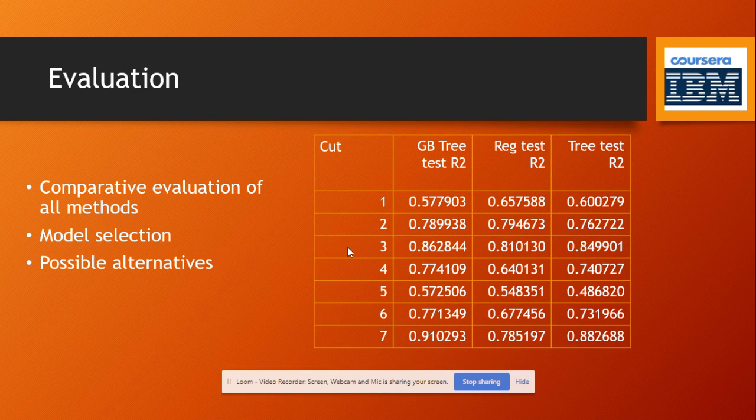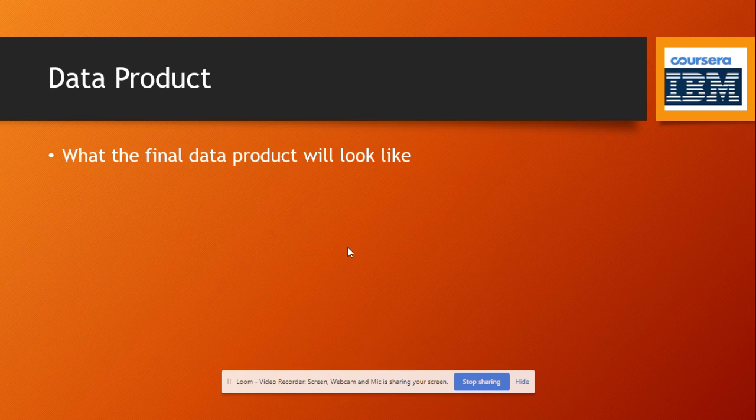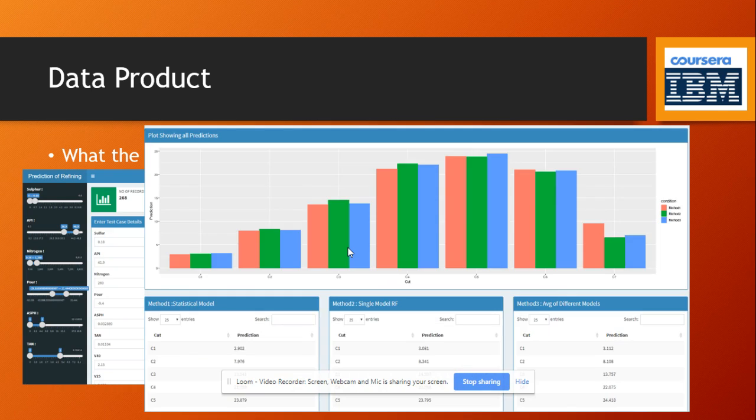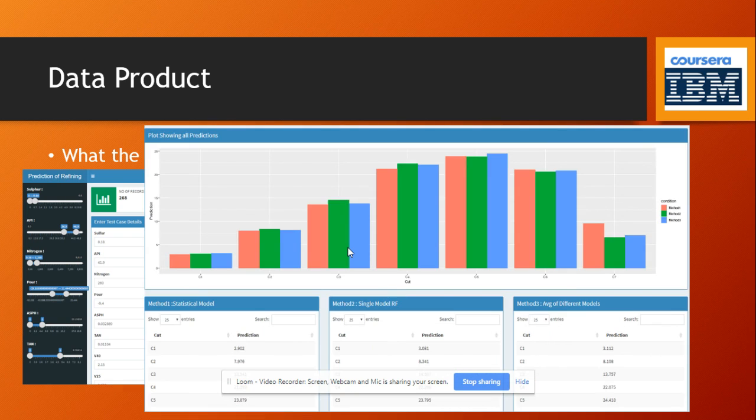So we stopped here basically because in this toy project we didn't come up with a final data product, but our final data product looked like this. It was a Shiny platform in which I was allowing the user to select the different ranges for the components, and I was predicting the output.